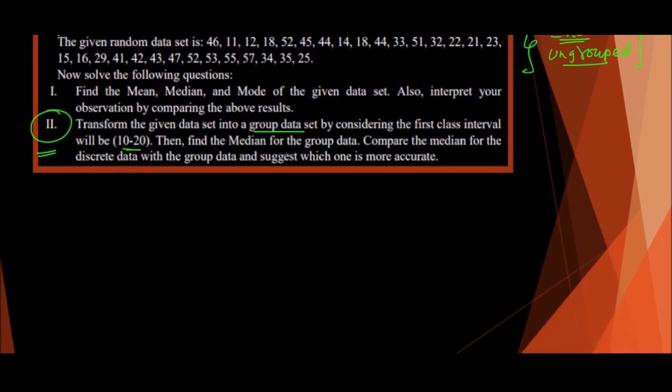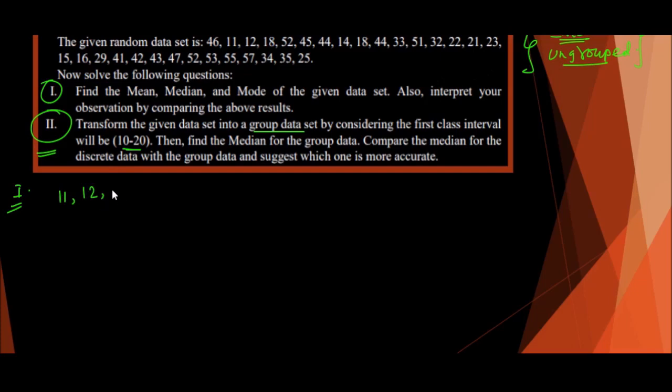So here we can solve this question. The first part: find the mean, median and mode of the given data set. You have 46, 11. Write down all the data one by one. After sorting this data in increasing order, you'll have 11, then 12.